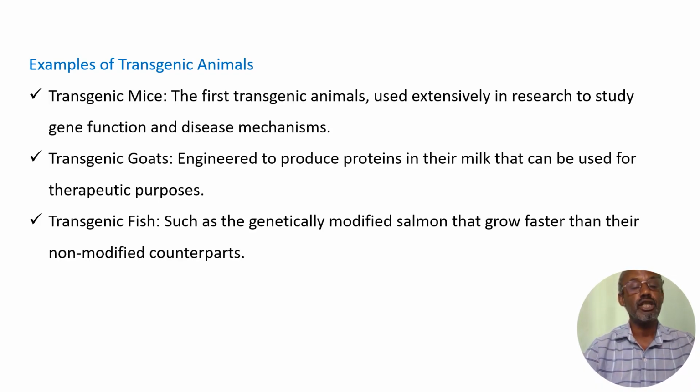The other is transgenic goats, engineered to produce proteins in their milk that can be used for therapeutic purposes. The other is transgenic fish, like genetically modified salmon that grow faster than their non-modified counterparts. You give genes to the salmon so that it grows twice or even more than twice the rate of the normal, non-engineered counterpart.